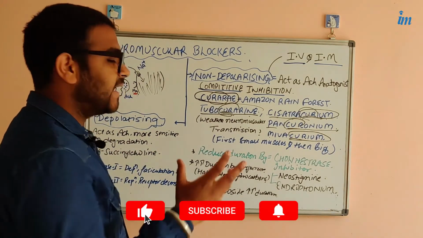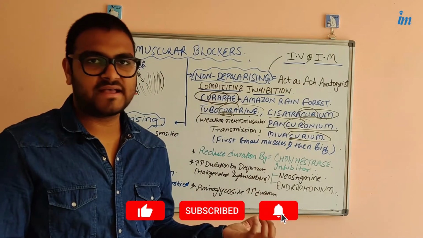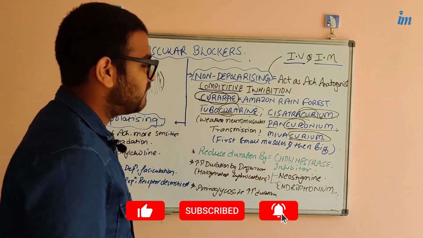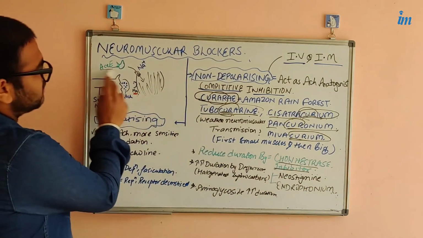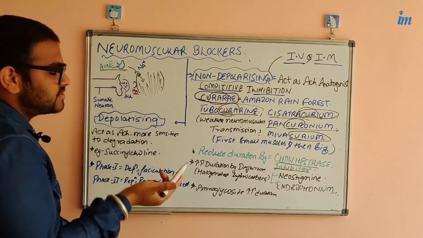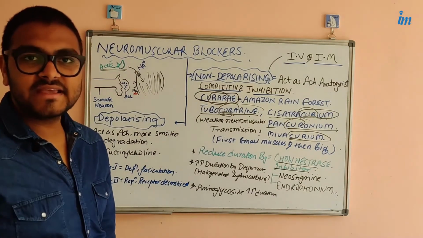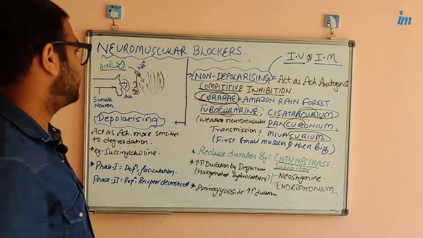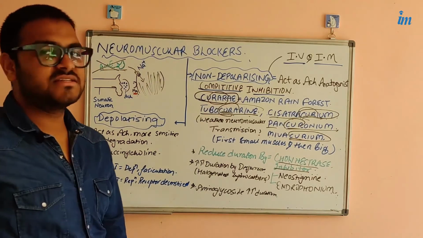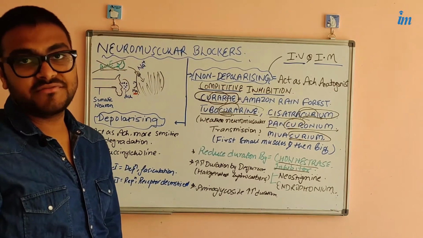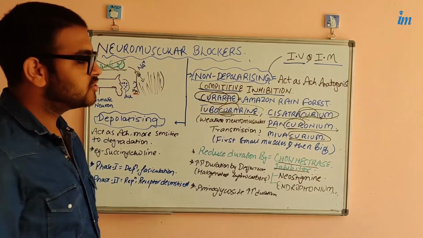So what agents can be used to increase the amount of acetylcholine in the cleft? We have cholinesterase inhibitors. Acetylcholinesterase is a very important enzyme. What does it do? It breaks down the acetylcholine in the cleft. So if you block this enzyme, the acetylcholine that is naturally in the cleft won't be degraded, and its concentration will rise.